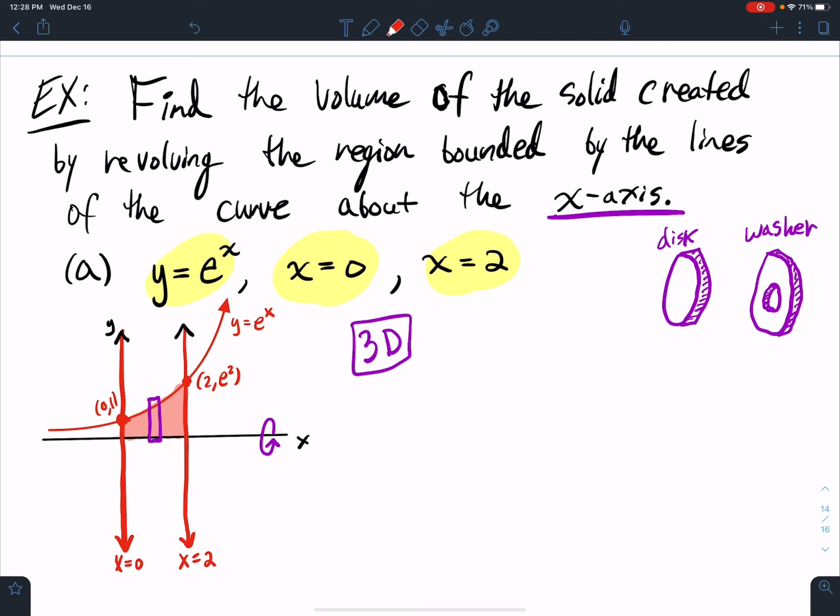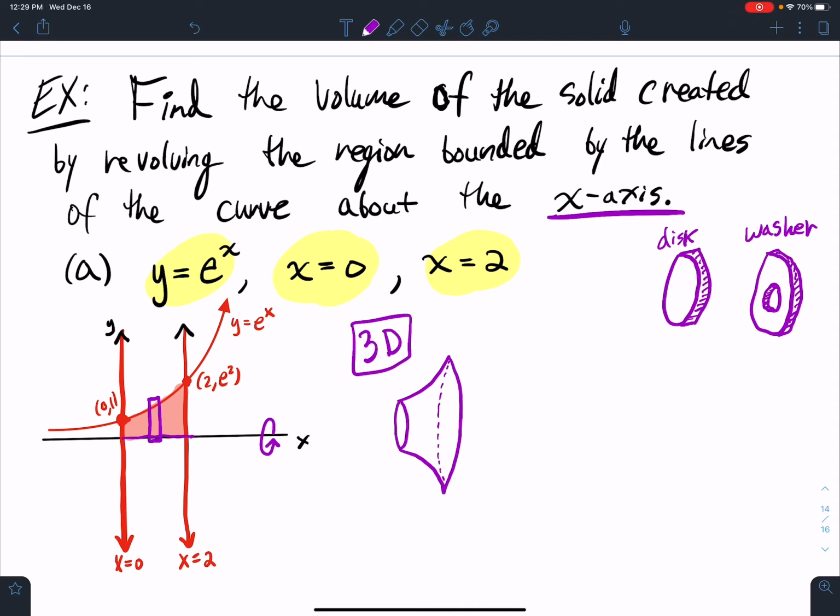I'm bounding it below by y equals 0 because that's the axis I'm rotating about. This 3D picture kind of looks like a sideways volcano.